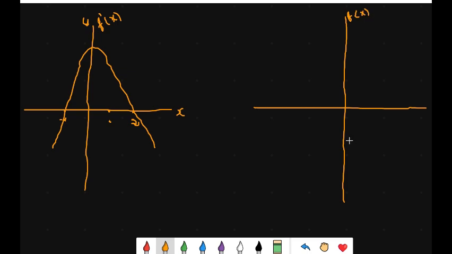And we still have the -1, and we have 1 and 2, and then somewhere here is the (0, -1), correct?